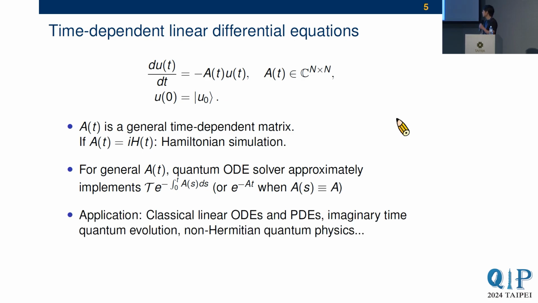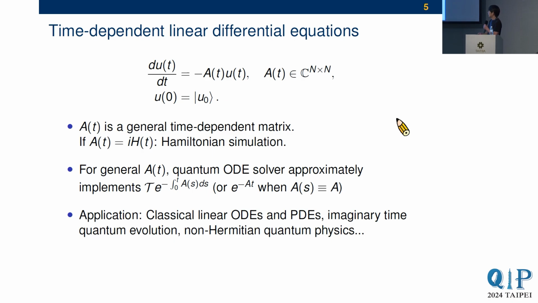There are some applications: classical linear ODEs and many PDEs, some imaginary time quantum evolution, aka Gibbs state preparation, a way of doing that, and some non-Hermitian quantum physics. As far as I know, it is still an open question whether end-to-end quantum advantage can be achieved for any of these applications.